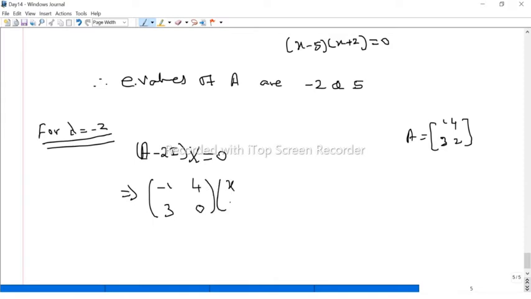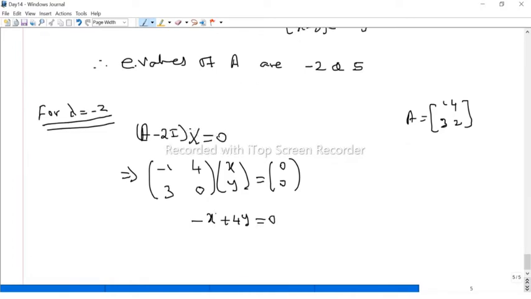And X is (x, y), equal to 0, 0. Now just multiply this, what you'll get? Minus x plus 4y equal to 0. Now from the second, 3x equal to 0.